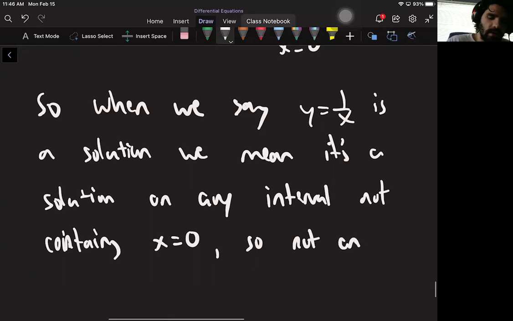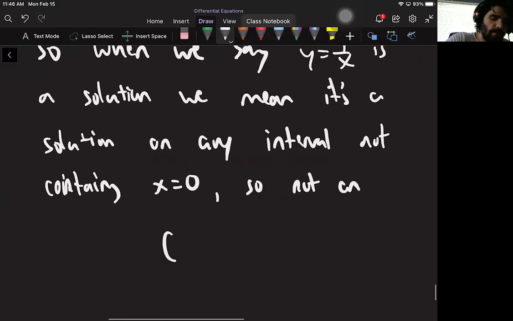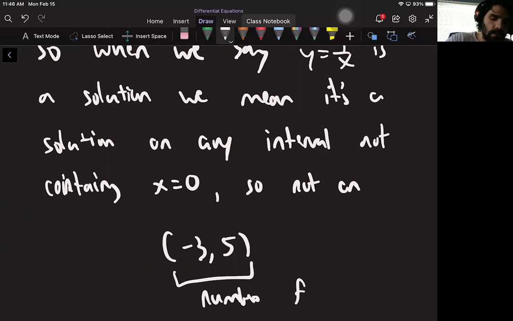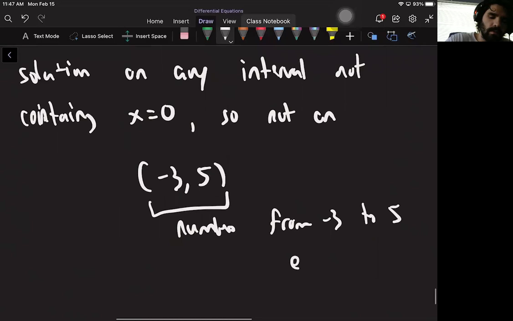So not on, for example. So what are intervals? Intervals are confusing because they look like coordinates, but this means all the numbers from -3 to 5, not including -3 and 5.